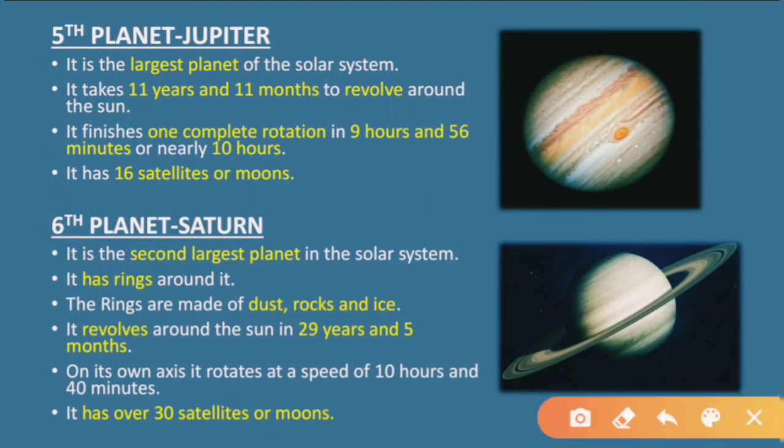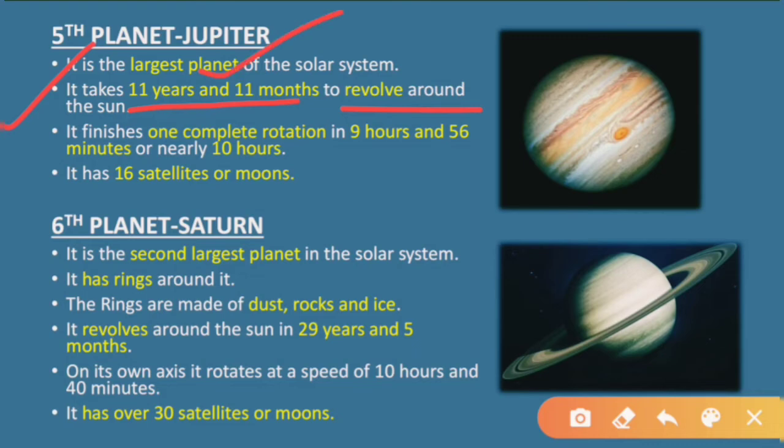Now, it takes 11 years and 11 months to revolve around the sun. How much time does it take to complete one circle around the sun? It takes around 11 years and 11 months.